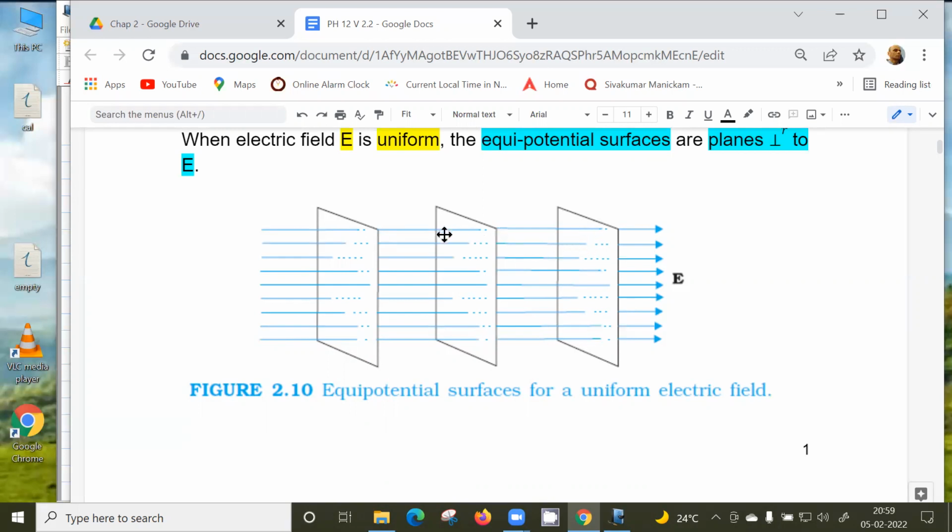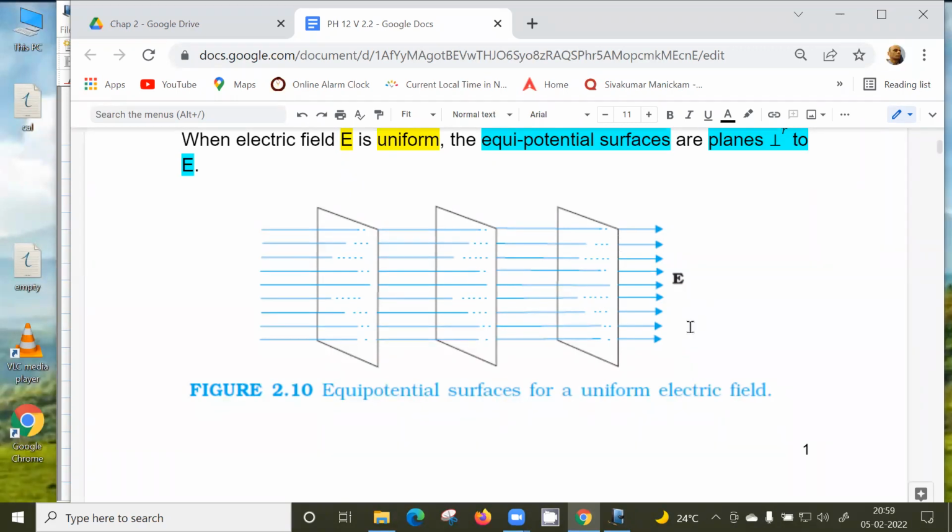All the points on this rectangular plane will be 4.5. Here all the points will be 5. Here all the points in the rectangular plane will be 0. But there will be variation from here to here: 5, 4.9, 4.8, like that 4.5, 4.4, 4.3, finally 0.